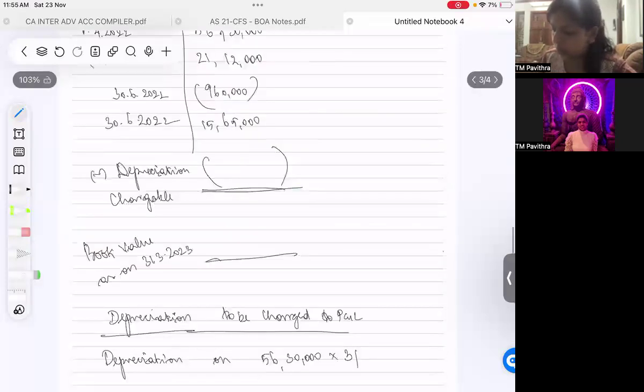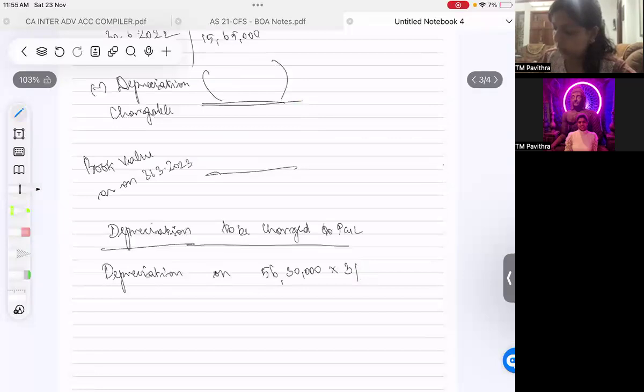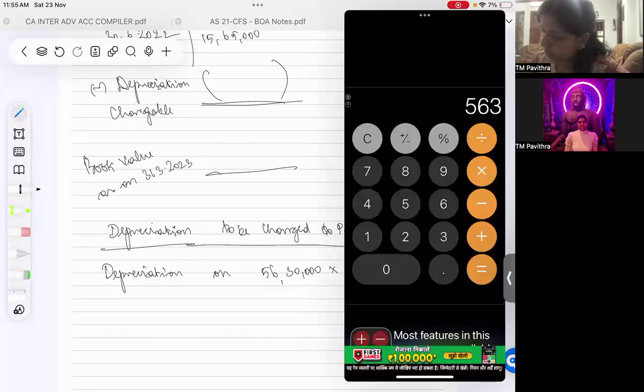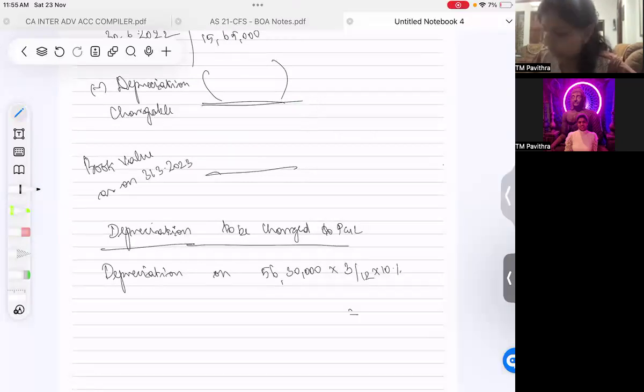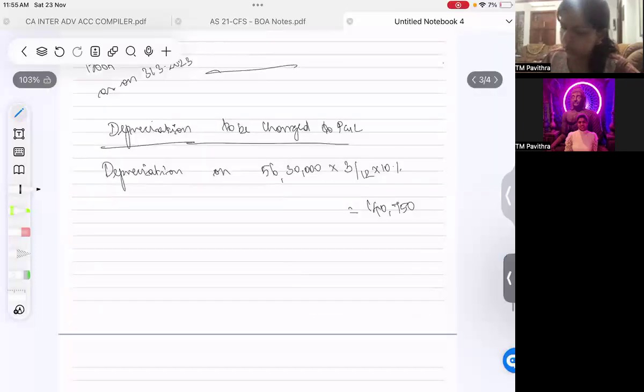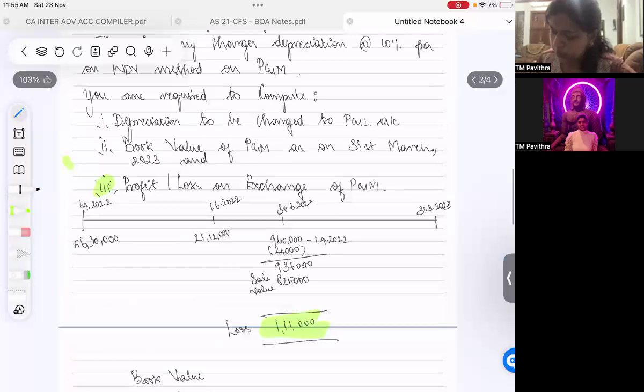So it is going to be for 3 months, 3/12 into 10%, which gives us the value of 56,30,000 into 3 divided by 12 into 0.1 equal to 1,40,750. So the answer is 1,40,750. All right. Now we know that this particular machinery is going to be carried till 31st March 2023 without any disturbance.